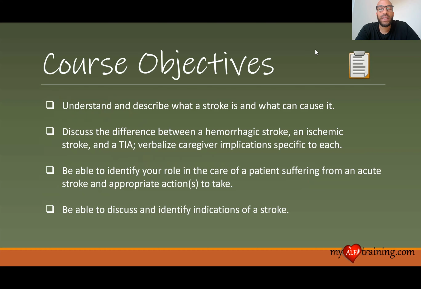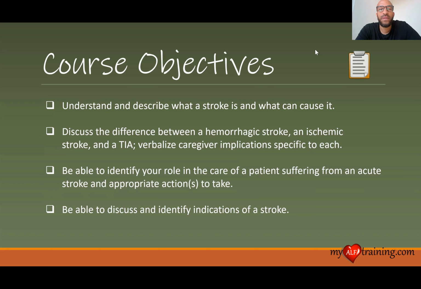And with each of those different types of strokes, there are pretty much the same caregiver implications, but some are a little more specific to one than the other. So we'll discuss those few small differences between them. But more importantly, I want you to be able to verbalize specific implications to a stroke. So we'll get into that today as well.